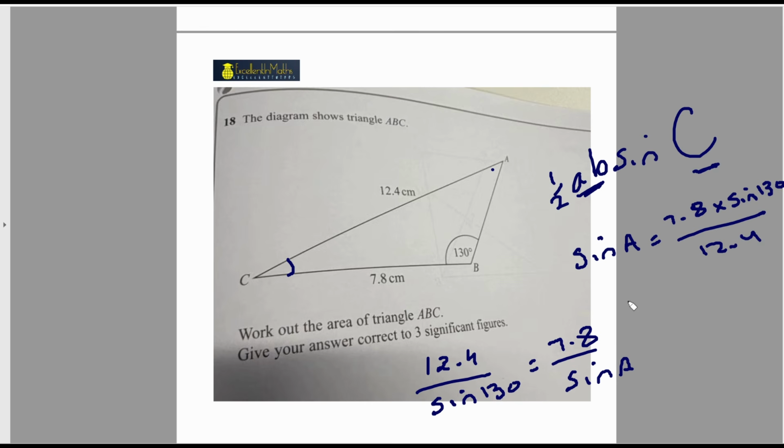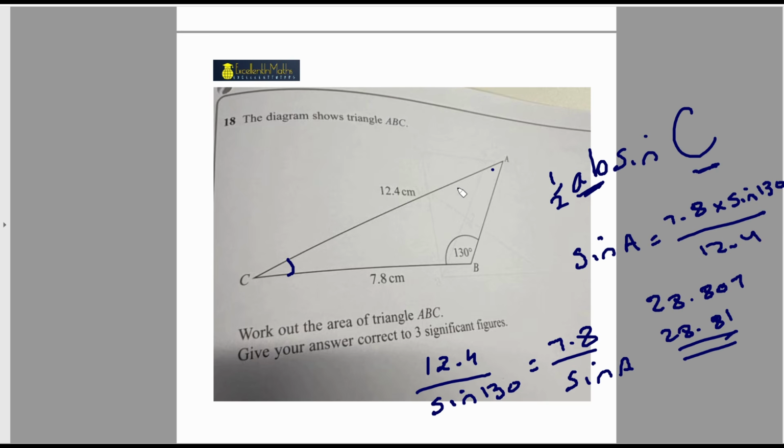Then I click shift sine to find the angle. So 7.8 times sine 130 all over 12.4, shift sine, I get 28.807, which I'm going to say is 28.81. I like to keep it like that because I'm going to round at the end. So it's better to keep as many digits as possible.